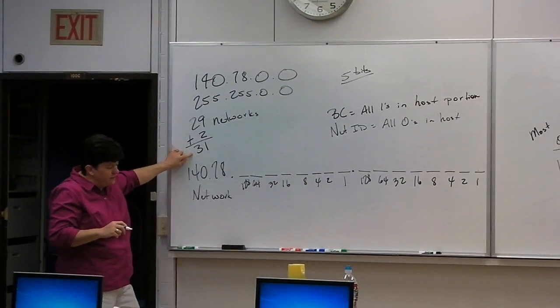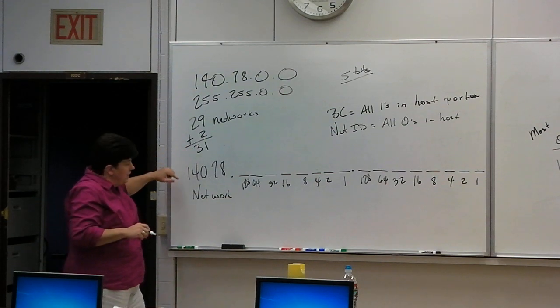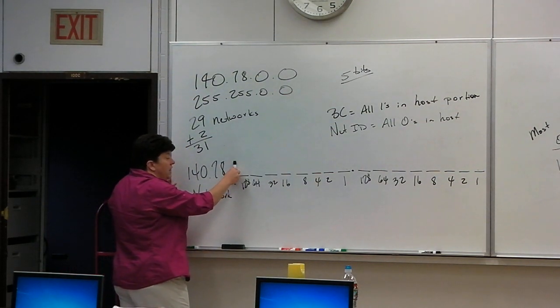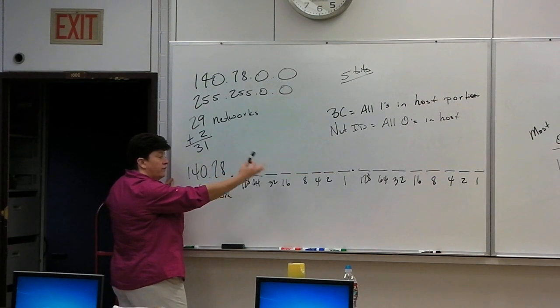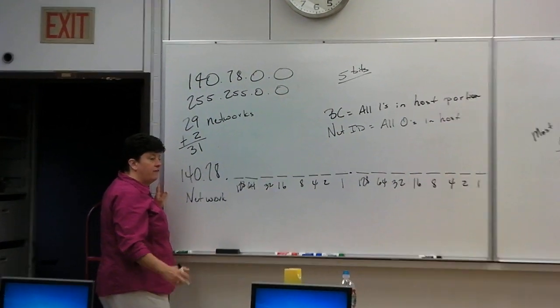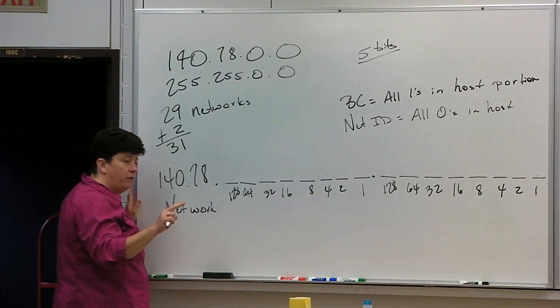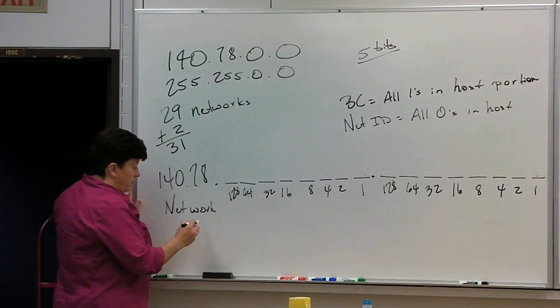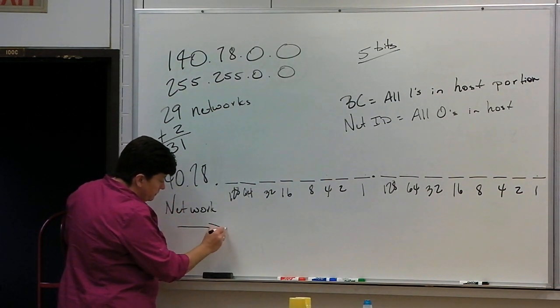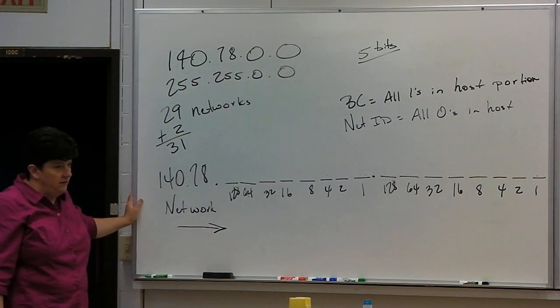You're going to give me 31. I'm going to take this line that right now is dividing the network portion from my host portion, and I'm going to move it. You asked me for more networks. If I get more networks, I wind up with fewer hosts per network. If I'm going to do network, I am moving my line to the right.